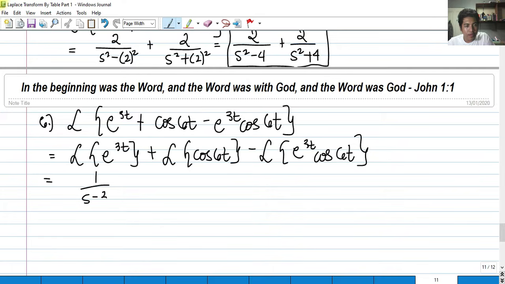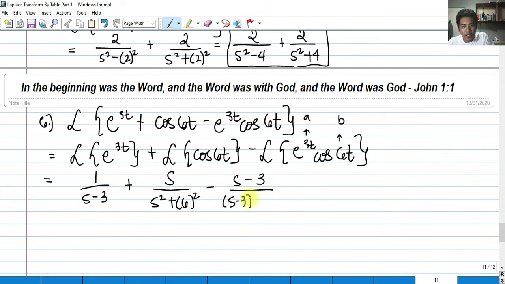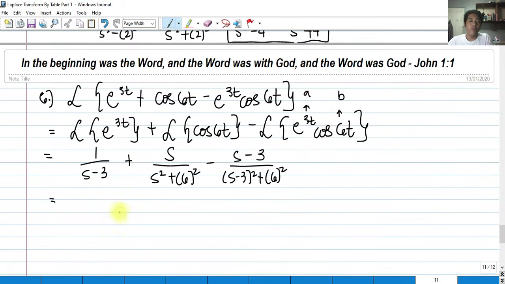That is 1 over s minus 3. Plus, we have a cosine here, so if cosine, that is s over s squared plus 6 squared. Minus, this is the product of an exponential function and a trigonometric function, so our a here is 3 and our b here is 6. Since this is a cosine, this should be s minus 3 over quantity s minus 3 squared plus b squared, which is 6, according to our table a while ago.